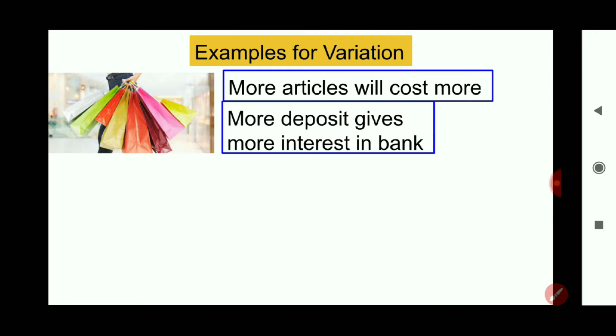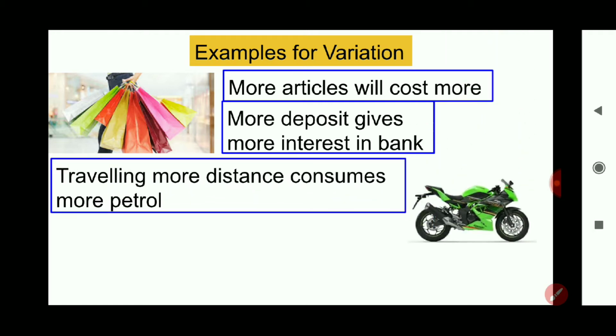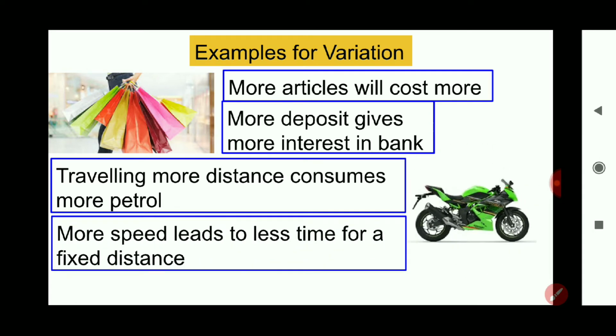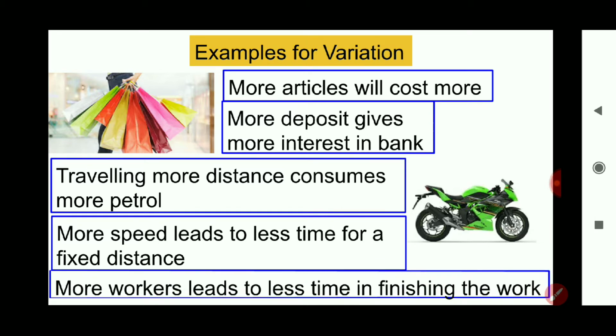More deposit gives more interest in bank. Traveling more distance consumes more petrol. More speed leads to less time for a fixed distance. More workers leads to less time in finishing the work.